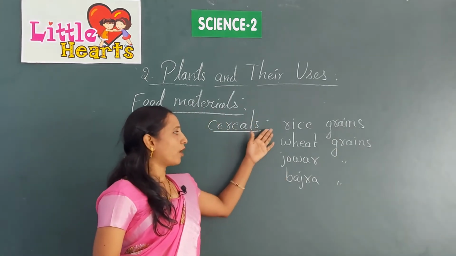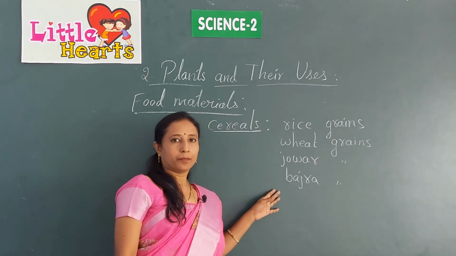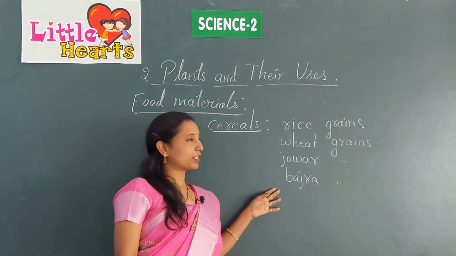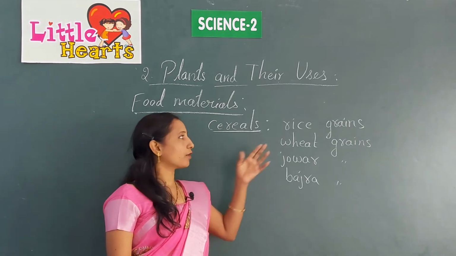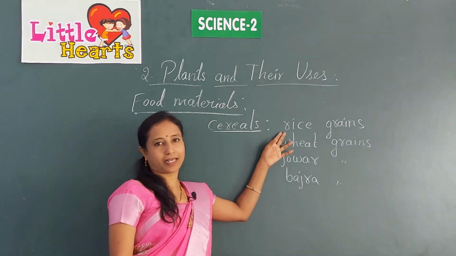So what do we do with these things? Most of the food items which we prepare, for example lunch, dinner and breakfast, we prepare with rice powder or rice only, isn't it?